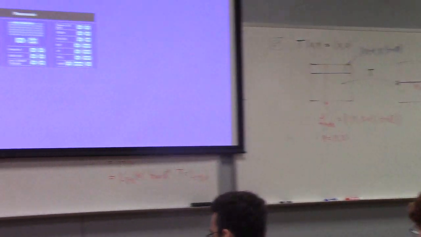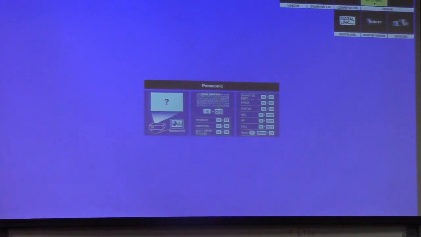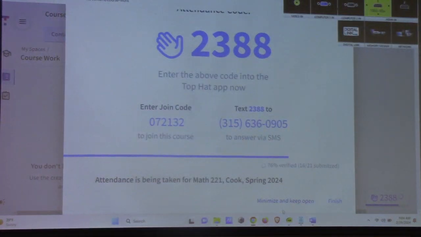I have some more exciting pictures though in my notes, which I'd share with you here if I have time. Hey, I started class 2 minutes late, so I've got at least 4 minutes left, right? All right, see if it works.